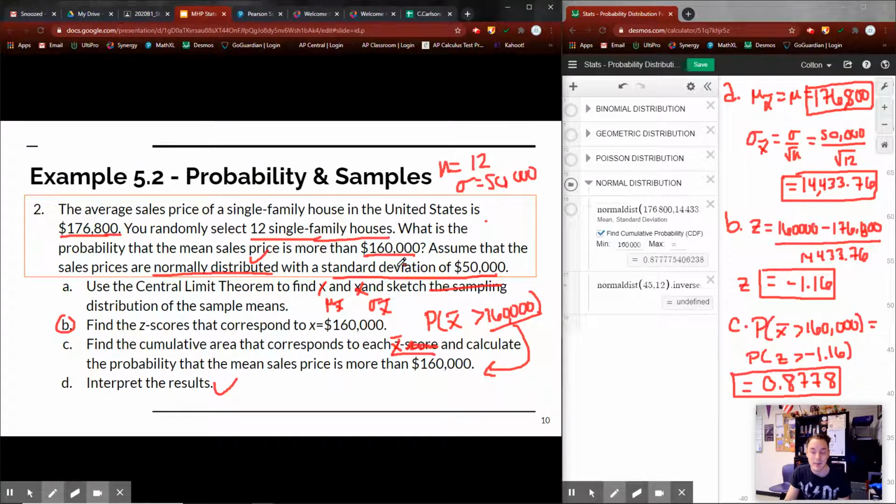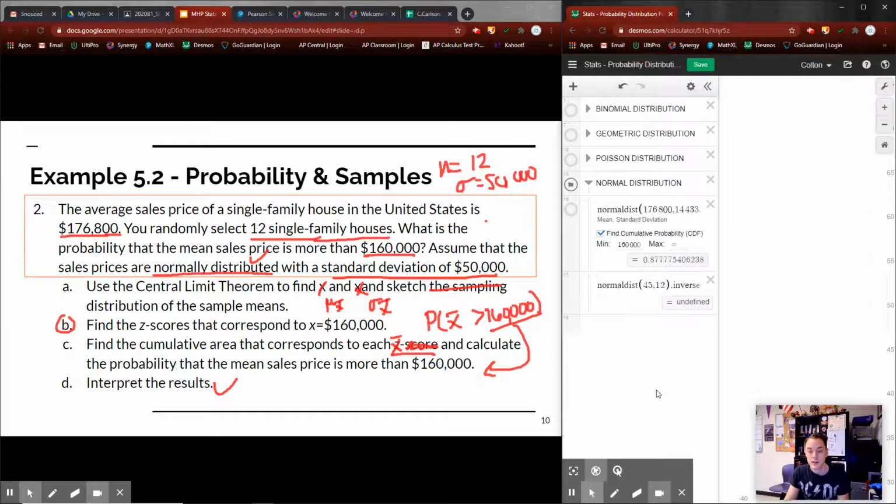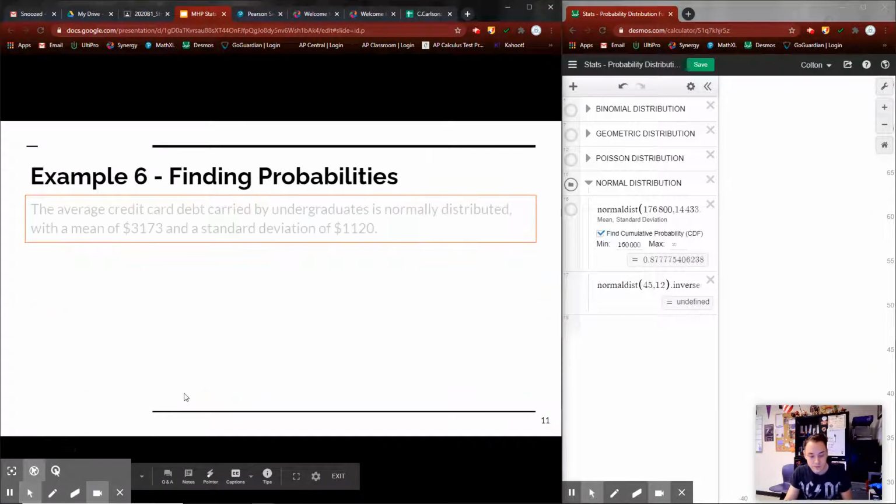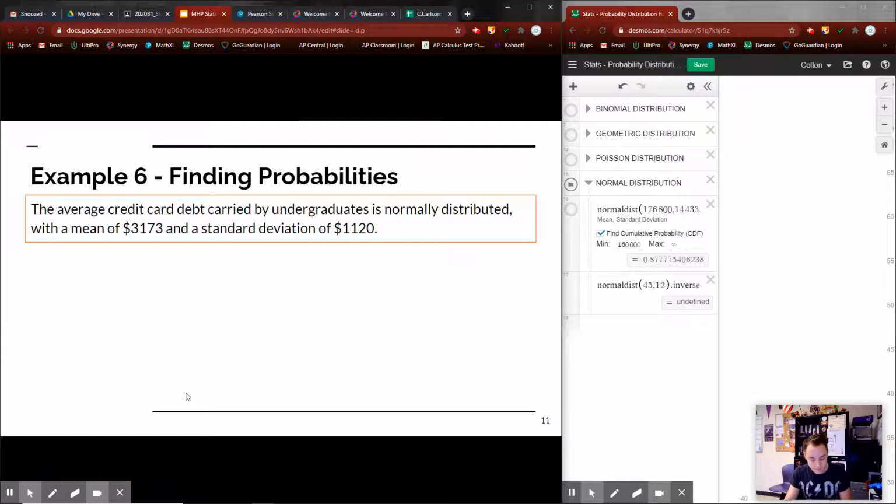So about 87% of them have an average of $160,000 or more. Okay, that's the interpreted results. Fantastic. Let's erase and move on to the other ones.